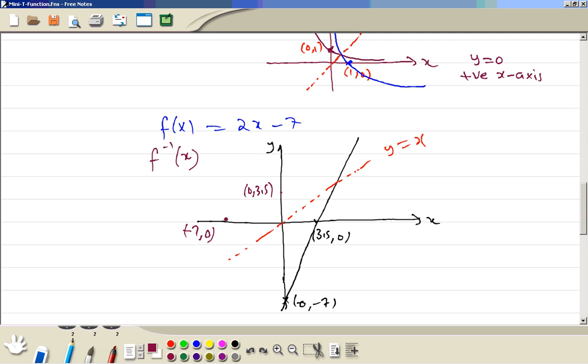It's a straight line graph, so going to point (0, 3.5) here, and (minus 7, 0) there. Then at this point on y equal to x, inverse f and f itself, they all meet here.